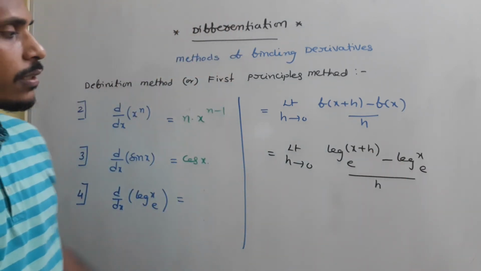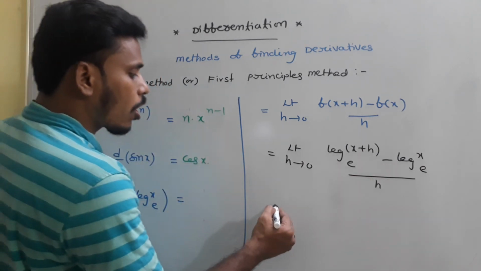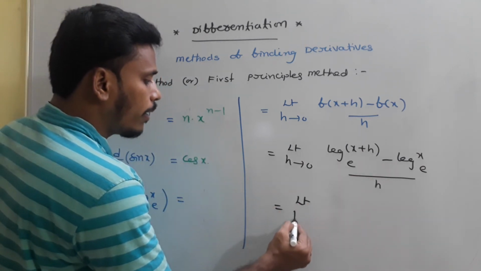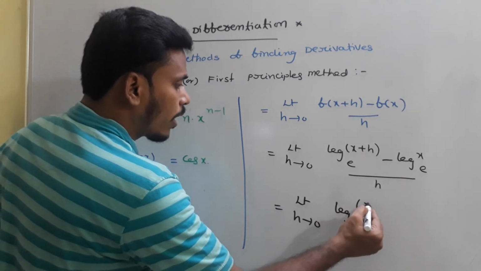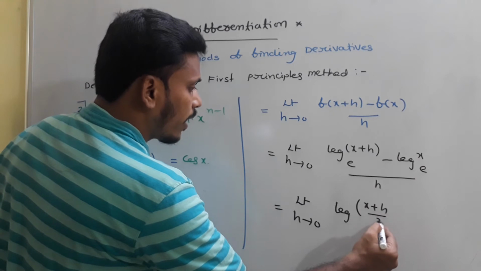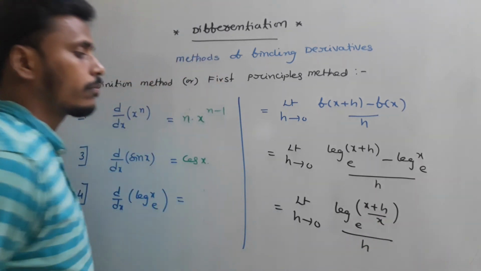In the numerator we have something like log a minus log b. Log a minus log b is logarithm of a by b. So limit h tends to 0, logarithm of x plus h by x to the base e divided by h.